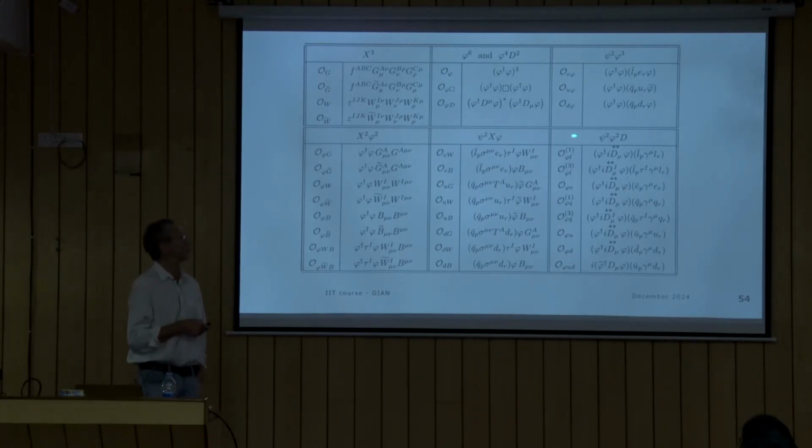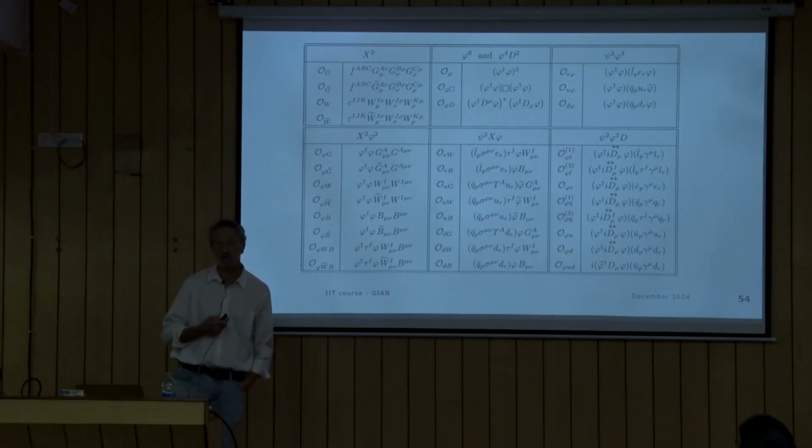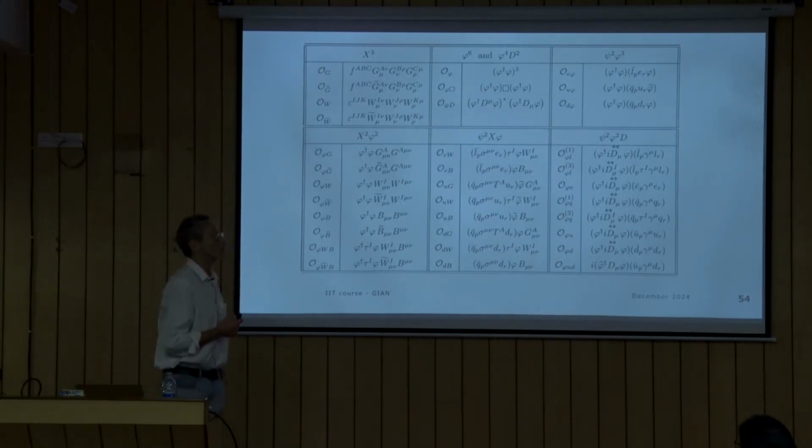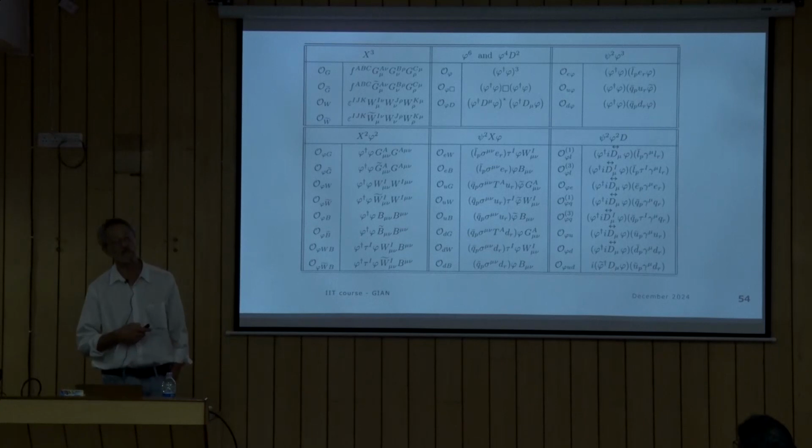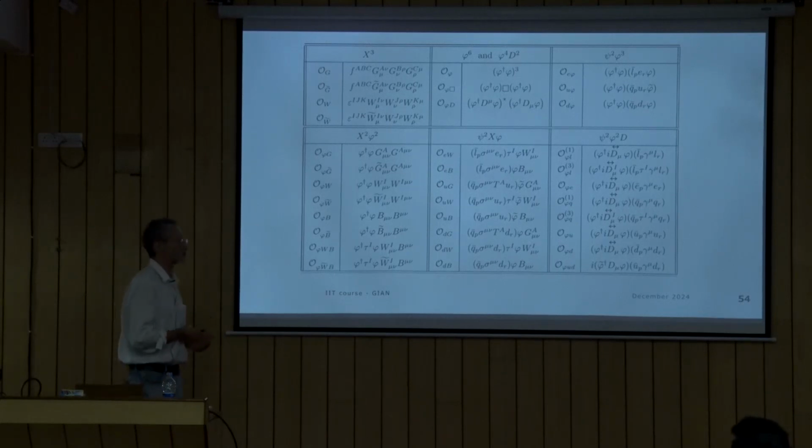So there is no prohibition here on mixing families. You might say, wait a minute, that generates flavor-changing neutral currents, and that would be true. Therefore, the data from flavor-changing neutral currents puts constraints on the coefficients of the corresponding operators.